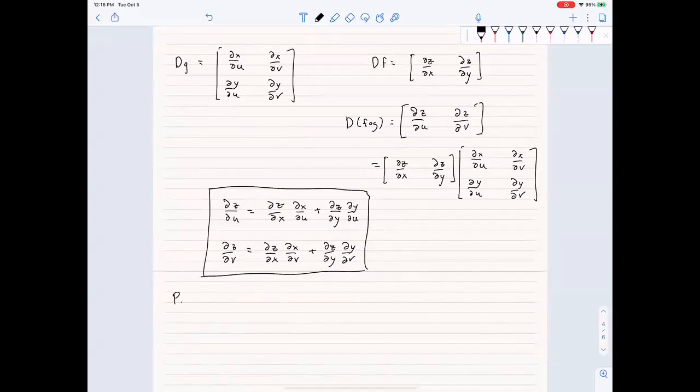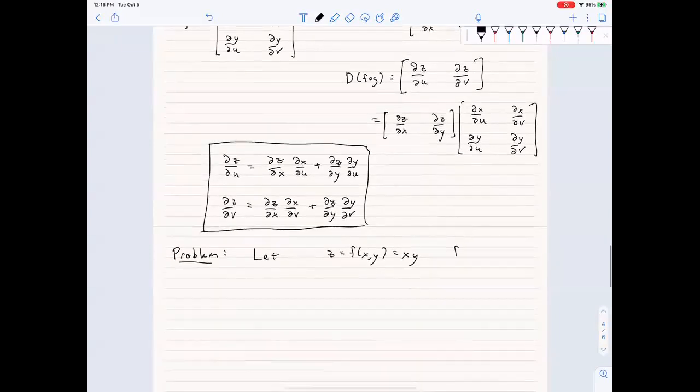So let's do an actual computation here. Let's look at the following problem. Let z equal f of x, y, just be the product xy. And we're asked to find del z del r and del z del theta.